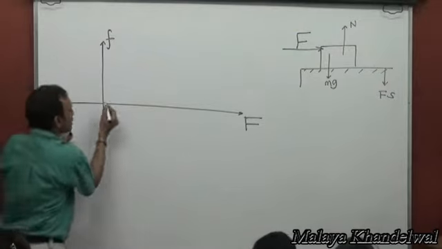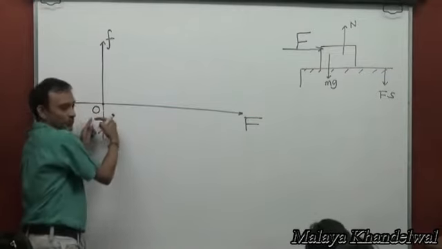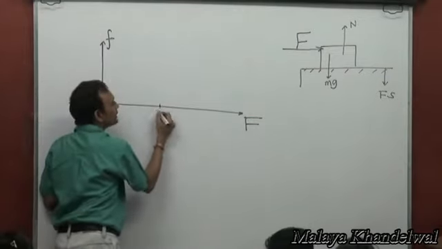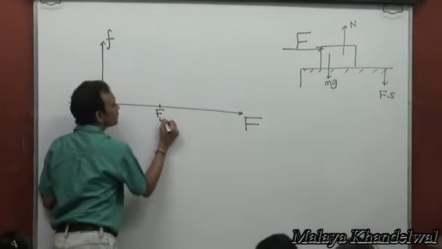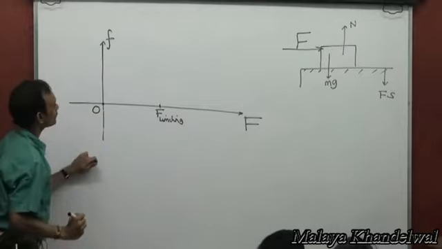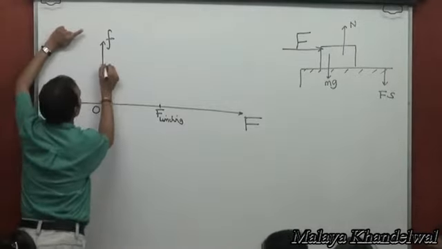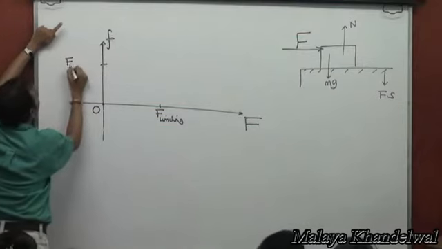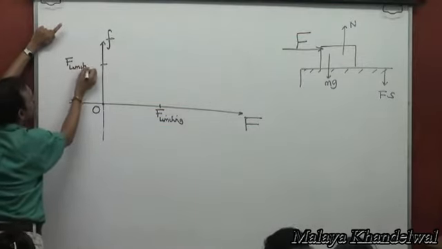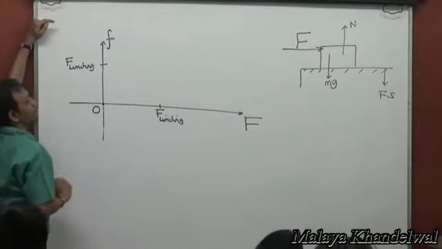So while the externally applied force varies from 0 to a limiting value, small f also varies from 0 to the same value.